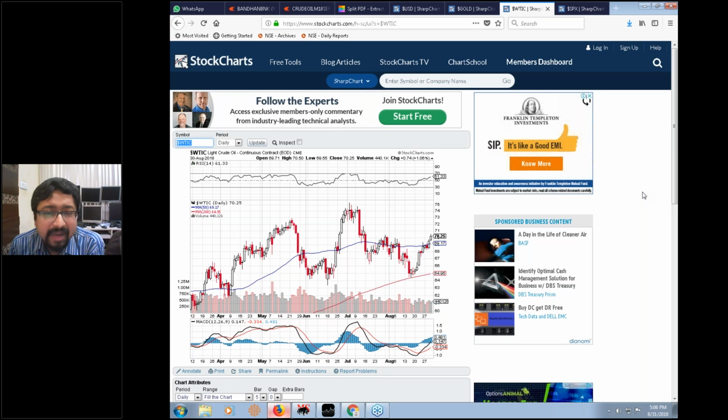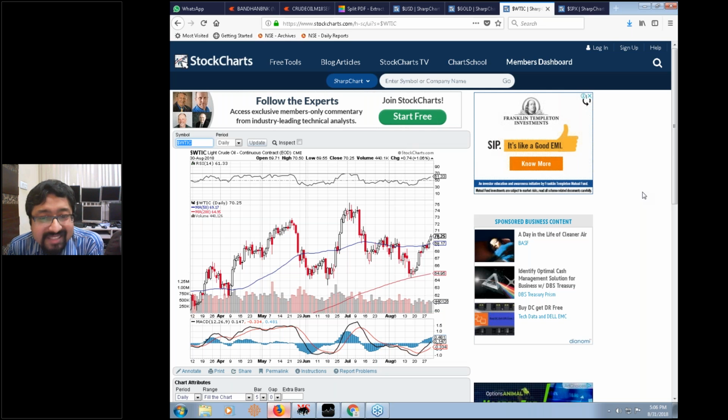Although that was supported by weakness in the rupee, because in dollar terms crude oil has actually not made a new 2 month high. So what we can deduce from it is that in dollar terms there is a much higher level that can be attained, and we have to maintain our bullish opinion in crude oil.